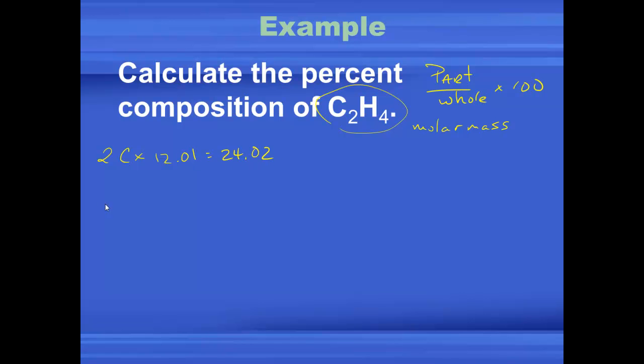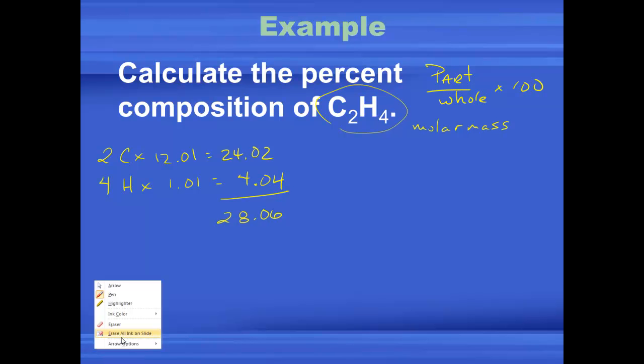And if I multiply that, that gives me 24.02. And I have 4 hydrogens, and each hydrogen's 1.01. And I do that math, and it's 4.04. And then I add those two things together, and I get 28.06. So that's my total molar mass of the compound, is 28.06.